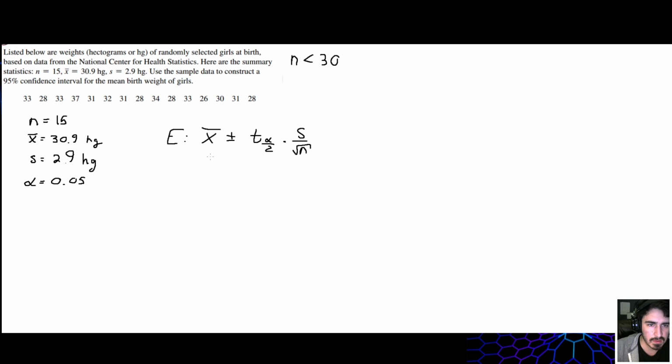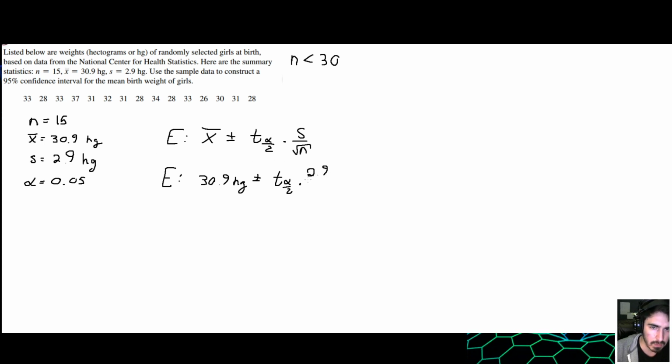So in this case, that is going to be 30.9 Hg plus or minus, we don't know our critical t-value, so that's what we're going to have to find, times 2.9 divided by the square root of 15.